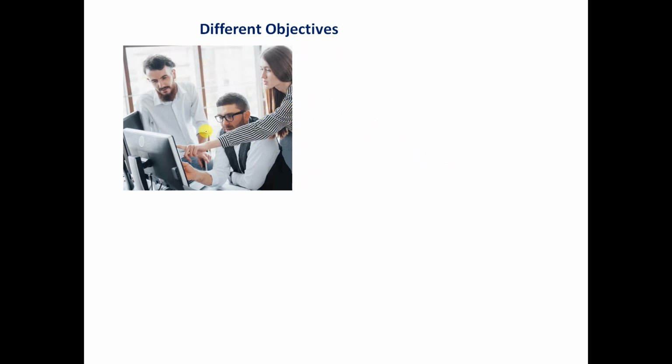Here they are working as a team. Consider he is a senior lead, a technical lead, and she is a tester. The tester is pointing out some issue in the software. Her objective is to find an issue, to find a defect.